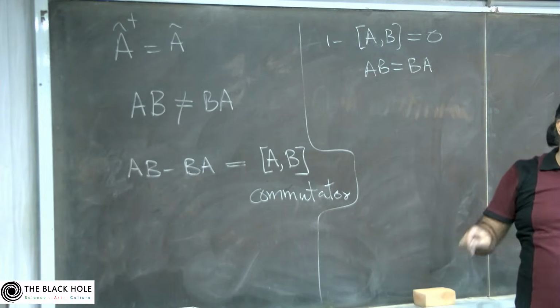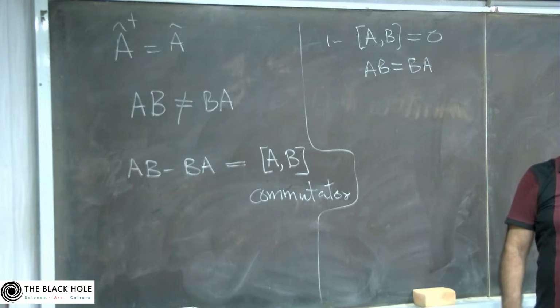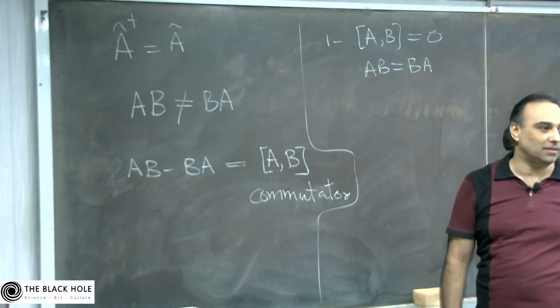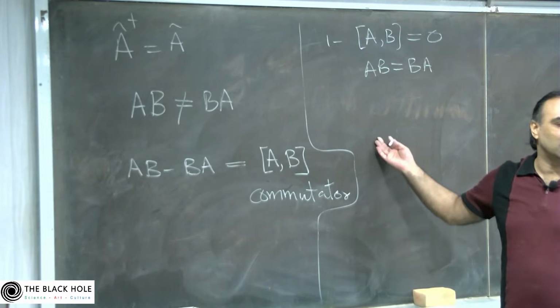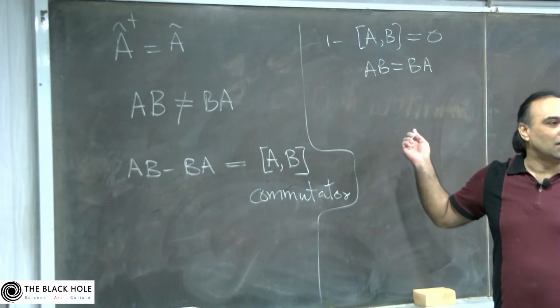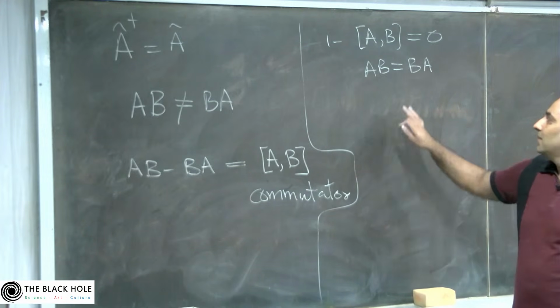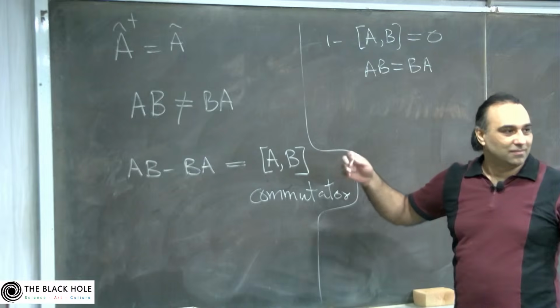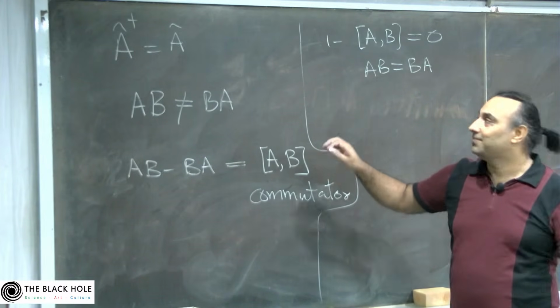You can change their order when applying them on a certain vector. Now I'm just stating the result. You can see proofs in maybe Griffiths or Liboff or Shankar, or maybe just Google it, but it's very simple. So that's an exercise.